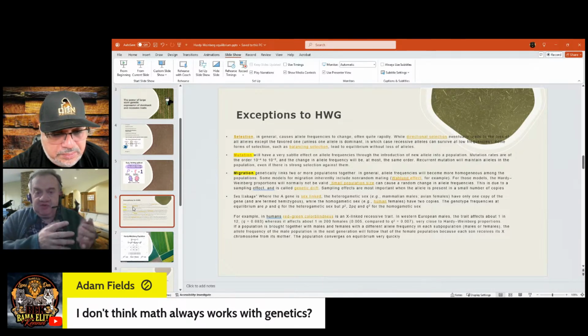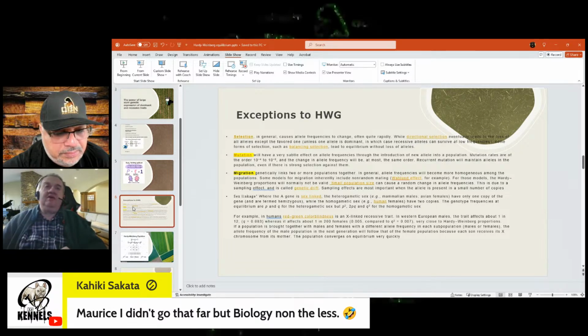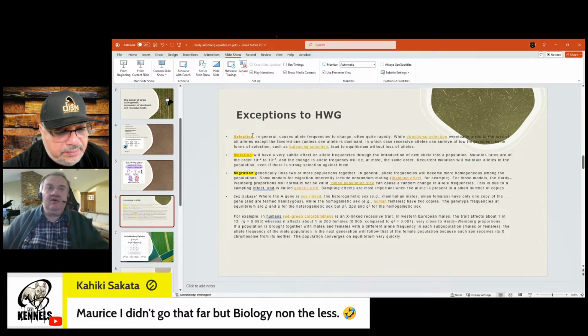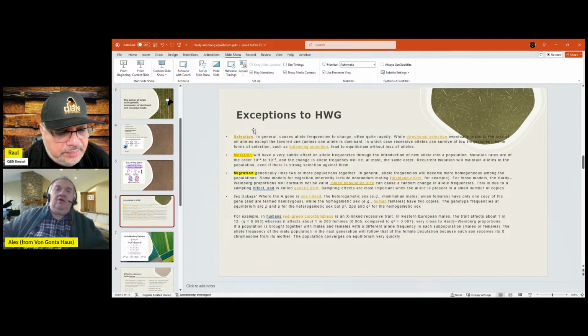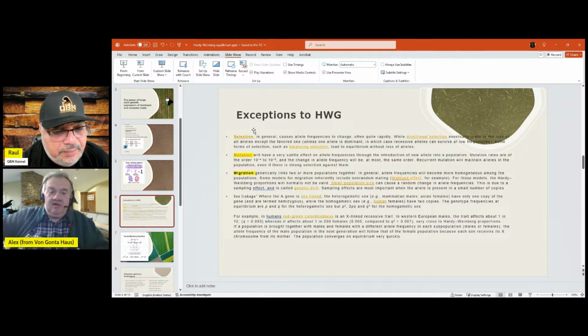Now, what are the exceptions? Well, the first exception is selection. The equation assumes there's no selection, but in fact, there is. If you're a breeder, you're selecting animals you will breed together, right? If you're in nature, nature selects the strong to survive, not the weak. So the equation assumes selection is not in place, but in fact, it is.